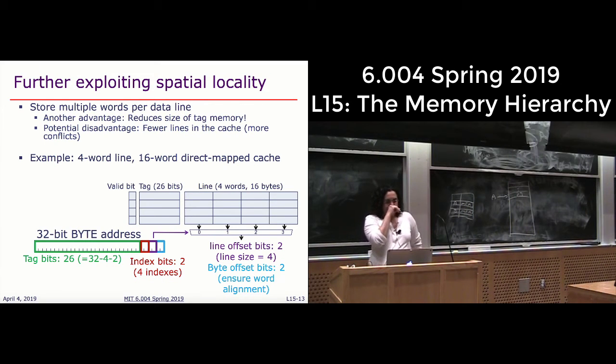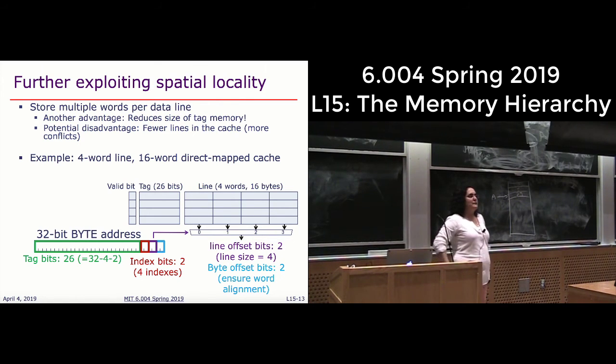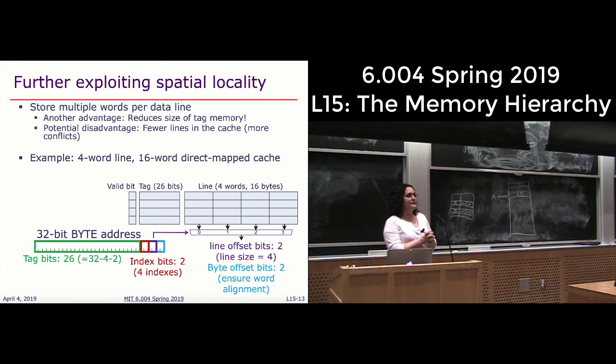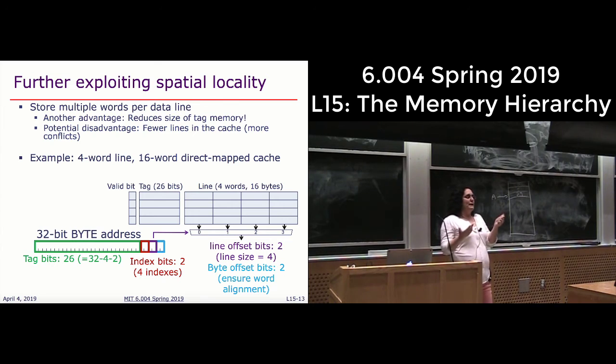All right, so now let's see if we can do even better. We talked about spatial locality, and we saw that our memory access patterns have both temporal and spatial locality. Why don't we try to take even further advantage of spatial locality? Recall that fetching something from memory is quite slow.